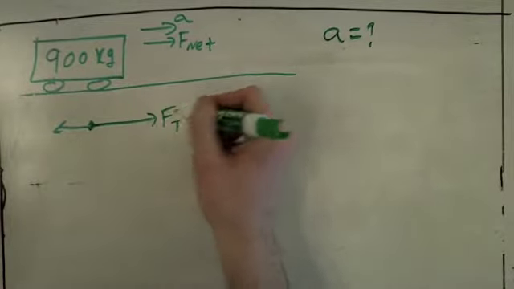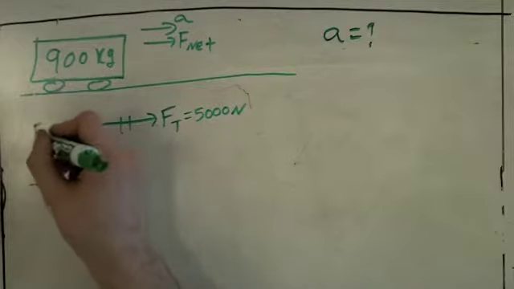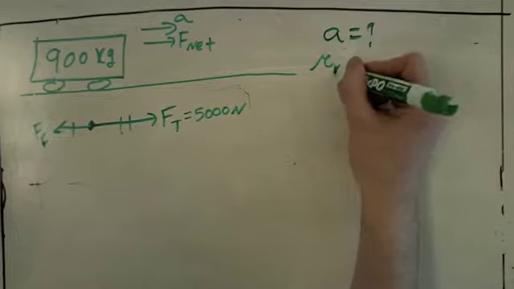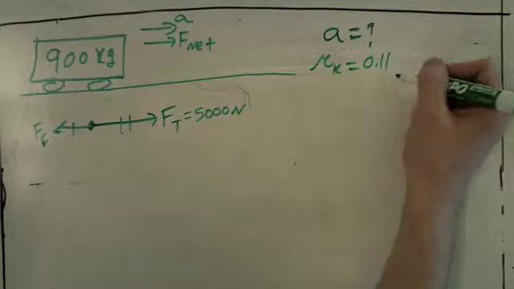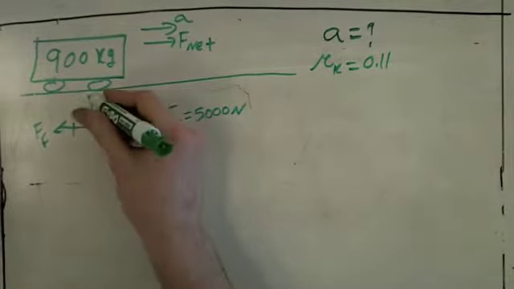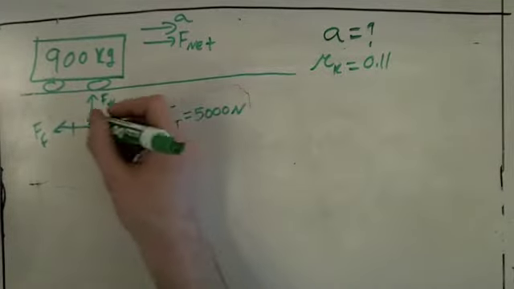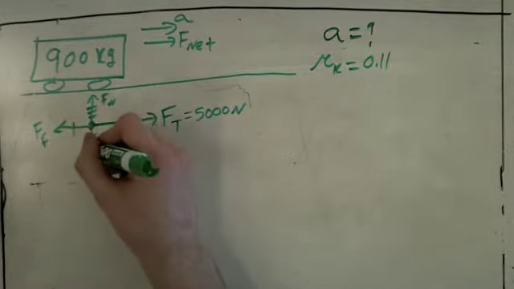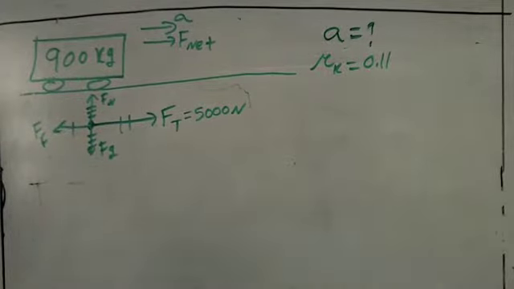And so this thrust must be bigger than the frictional force. Oh, I forgot to mention, and this is in your notes, the coefficient of kinetic friction is 0.11. There, of course, is a force between the road and the car, and a force of gravity, and these are balanced since the car is stationary in the vertical direction.